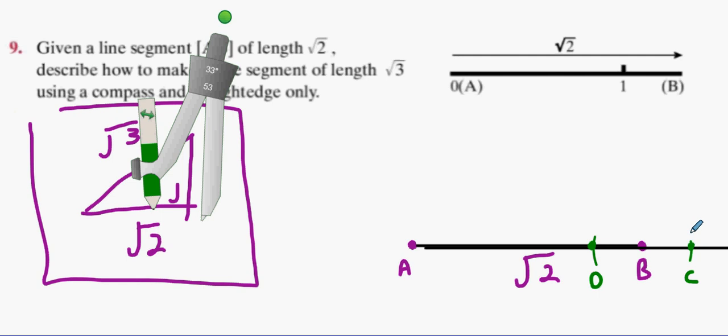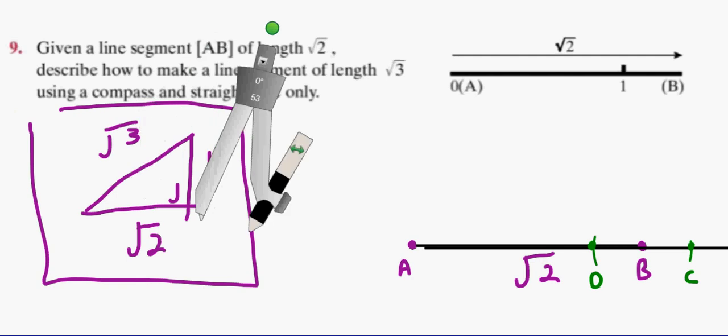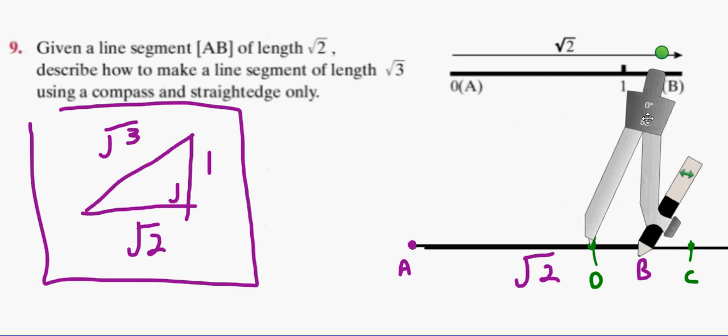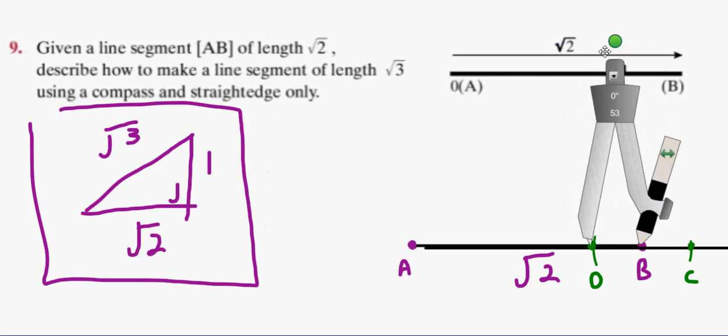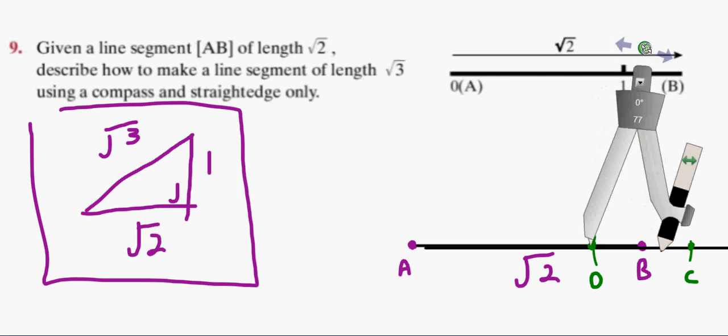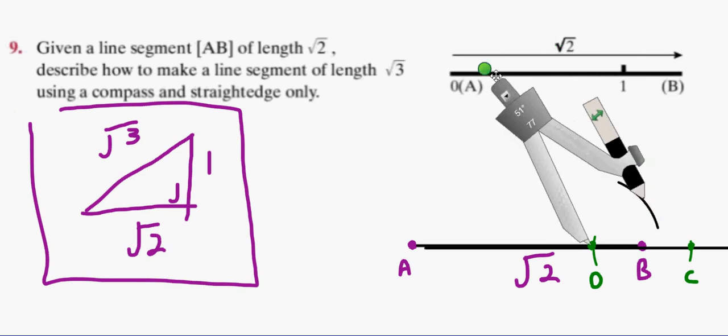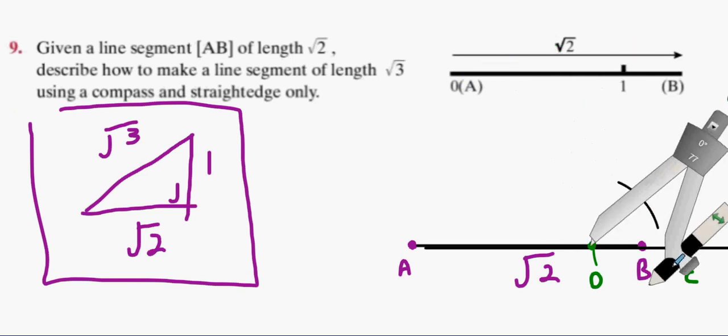Then you find the perpendicular bisector of C and D. Where will the perpendicular bisector go straight through? It'll go straight through B. So you pick a distance over halfway of DC. Just go a little bit over halfway, about there. Happy days.